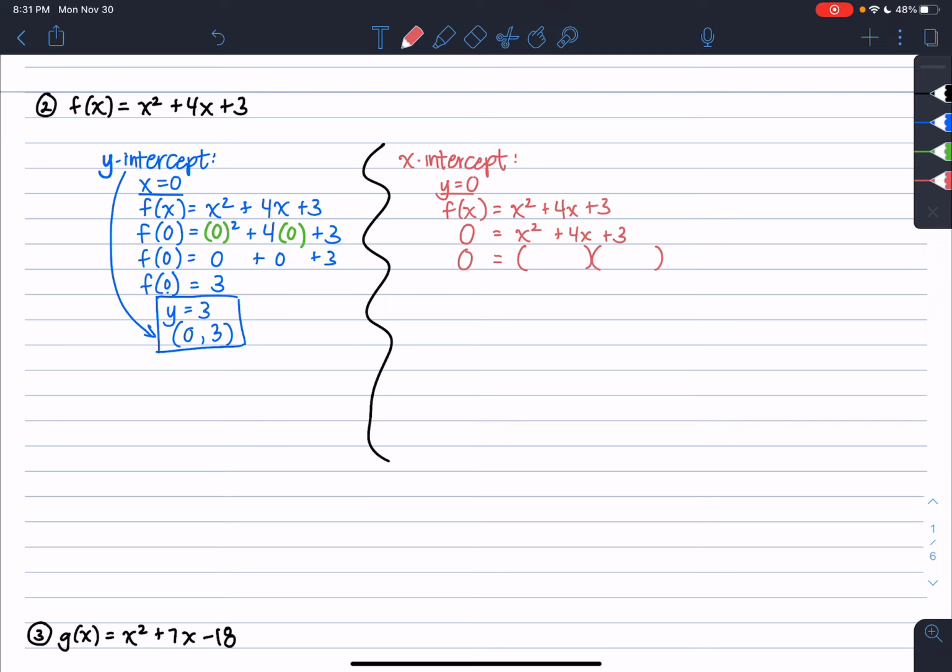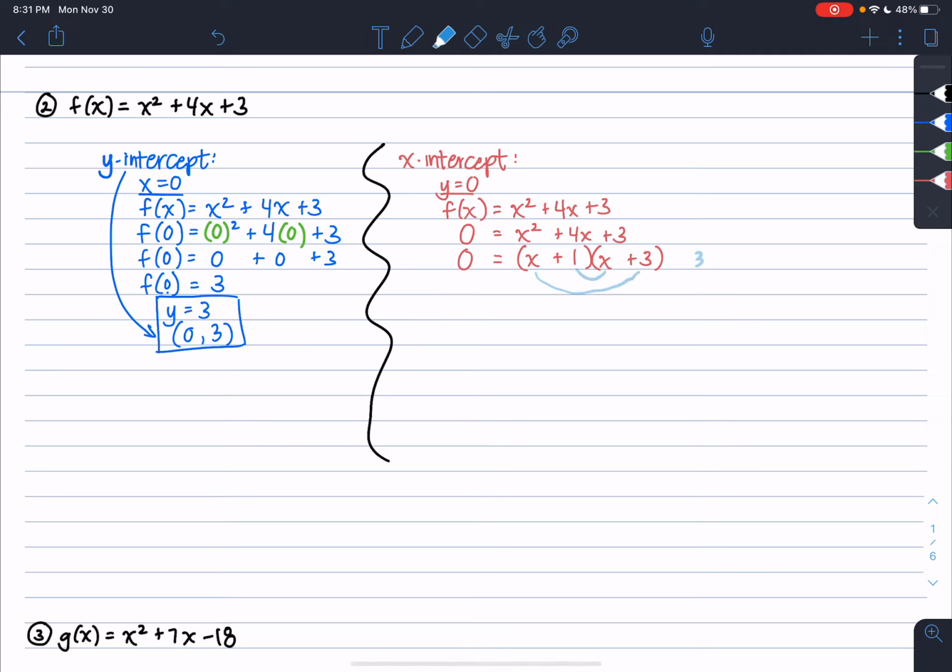Again, my first two terms, they need to multiply to x squared. So I get x times x. And the next two have to multiply to 3. This one was really nice to us. We just do 1 and 3 because that multiplies to 3. And again, we can check it really quick. Multiply, multiply.